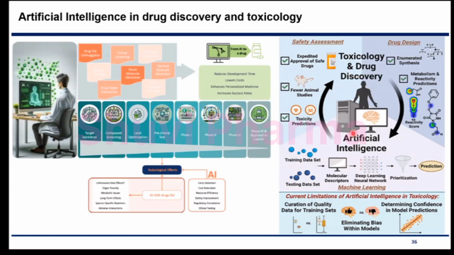It's artificial intelligence, right? It gives you output based on the inputs that you give. So you have to have a training data set, with all the information accurate, you feed that into the system, and then you have a testing data set, you put in some new structures to test how it predicts, and there is deep learning and machine learning, etc., and then it gives you the prediction.